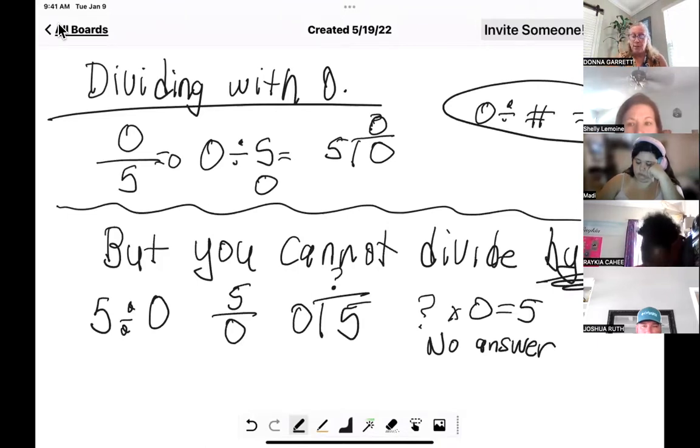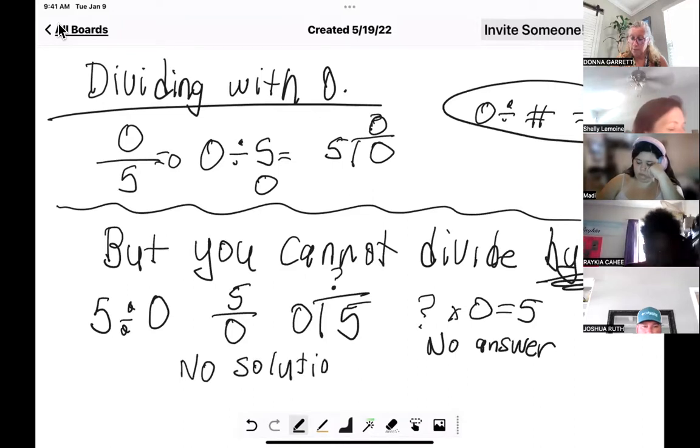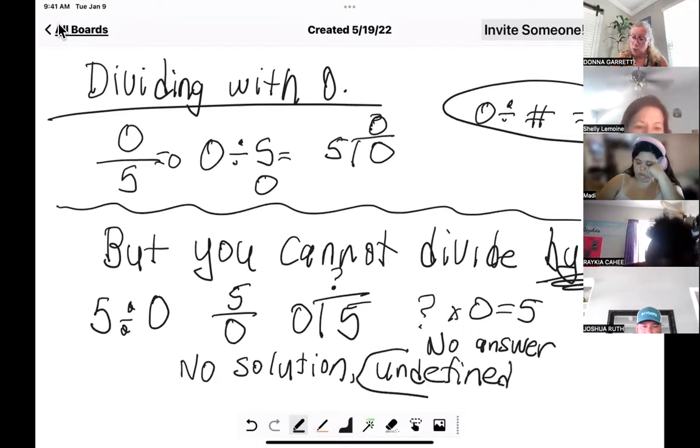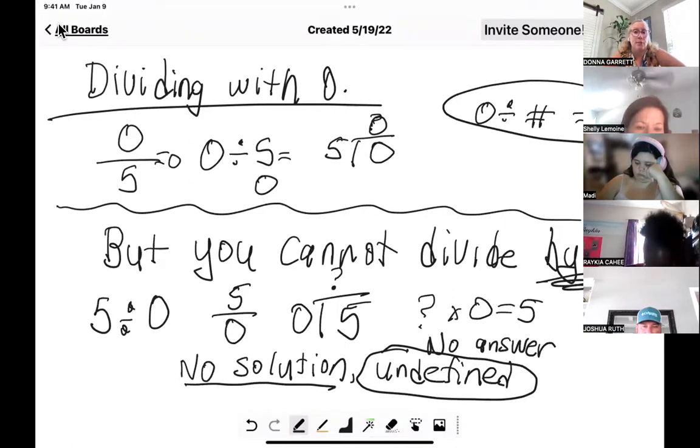So if we divide by 0, we say that there is no solution, or undefined. I think that's the one that your book uses the most, but it could be either or, no solution or undefined. There's absolutely no answer. You cannot divide by 0.